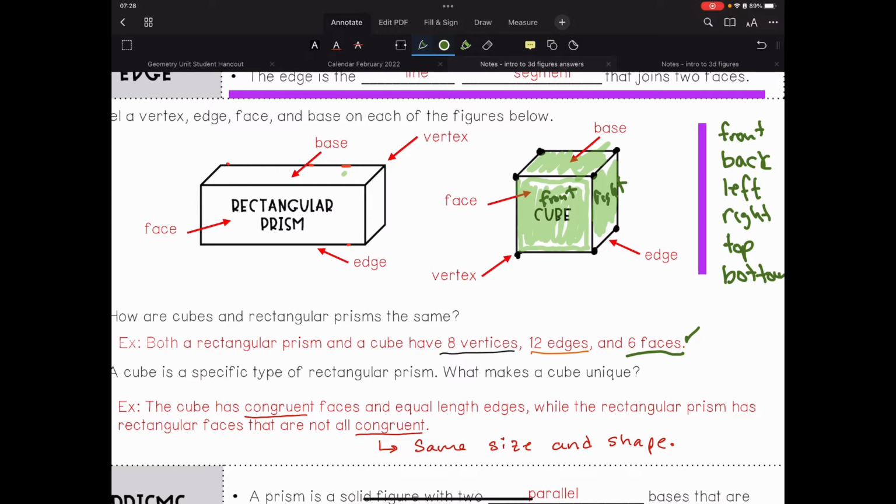The front here and the back might be the same size and shape, but the right side and the left side could be different sizes. They're still rectangles, but they're not the same size as the front and the back, or even the top and the bottom. So that's what makes them different.